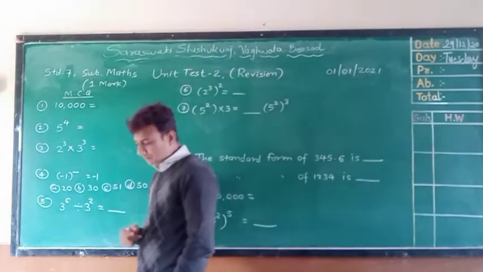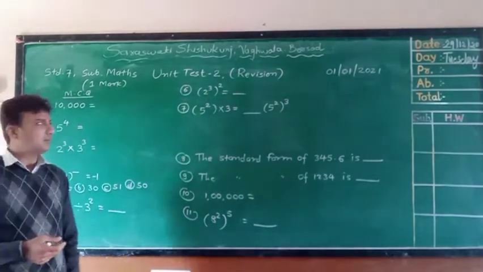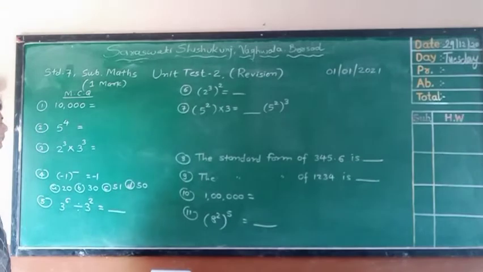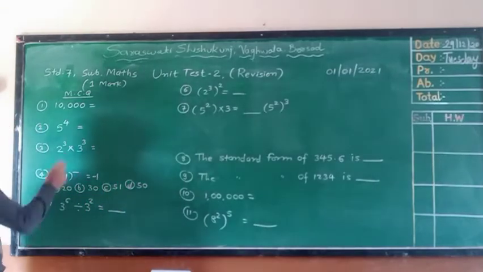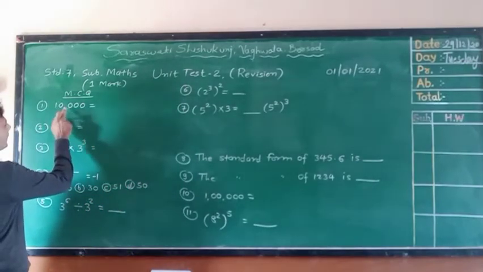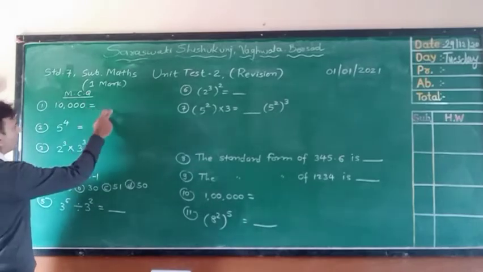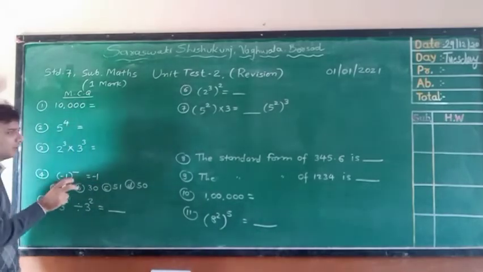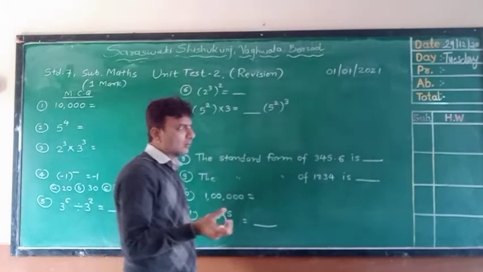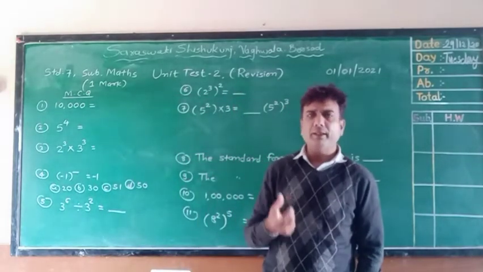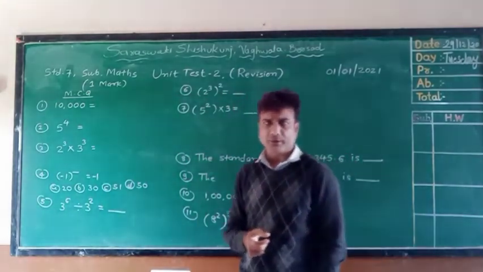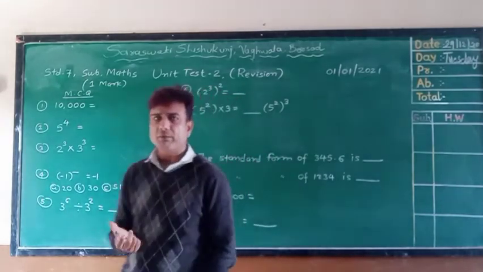So see this, we will take the first number MCQ. In this first MCQ, 10,000 is written. How can I denote this 10,000 in exponent and power form?